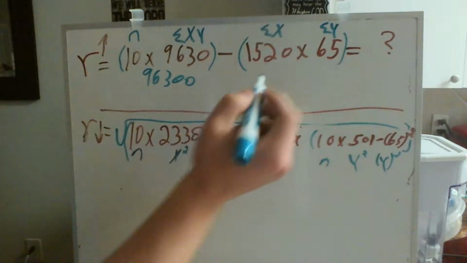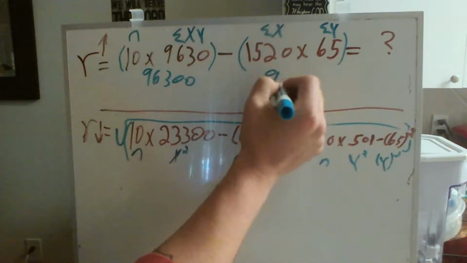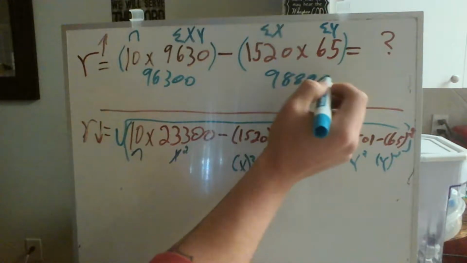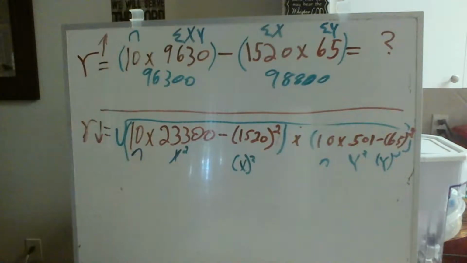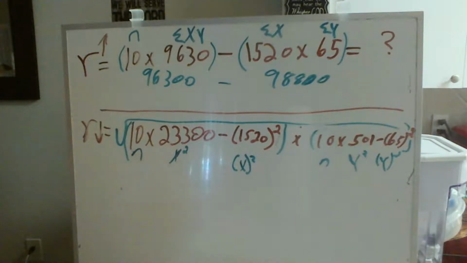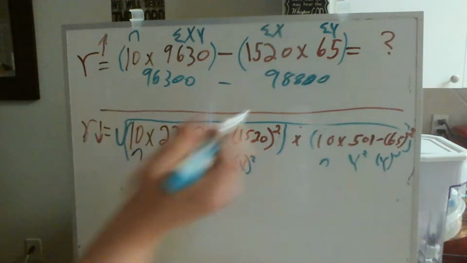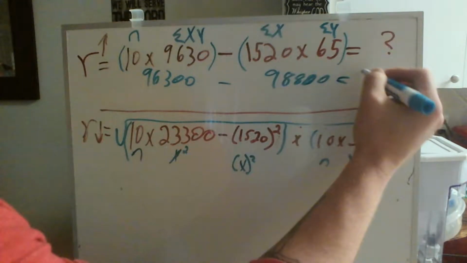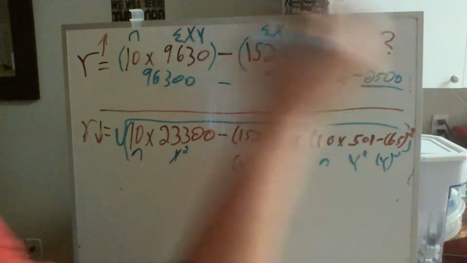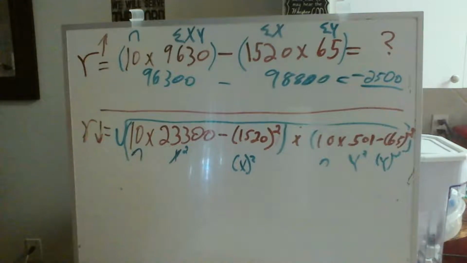That one was 98,800. Right, so that's 0. Okay, so now we've got a couple of numbers that we can work with for the numerator. Let's knock this bad boy out. So what do we got? We got a -2,500. Sit right there on the numerator.